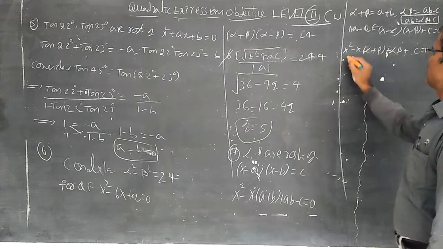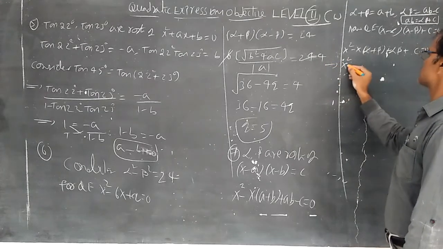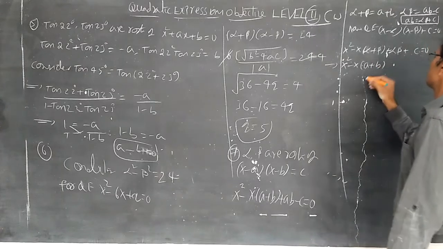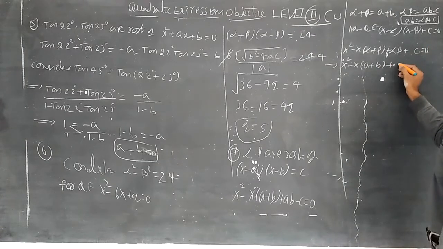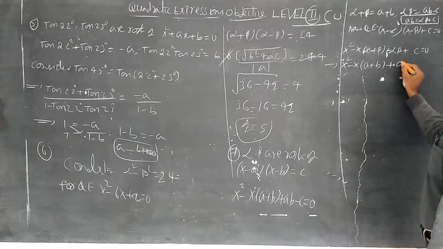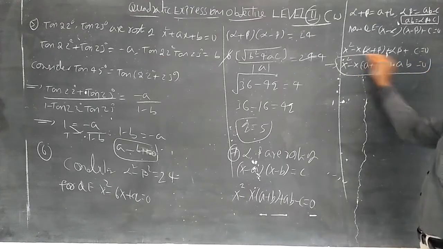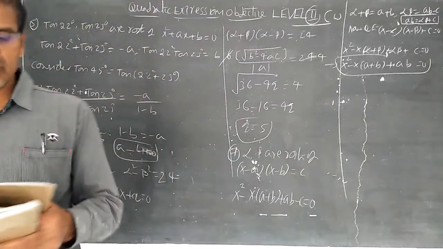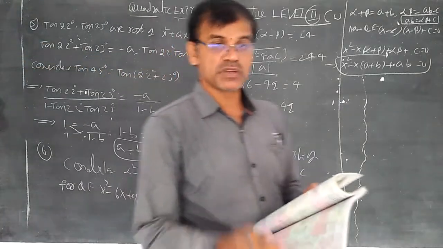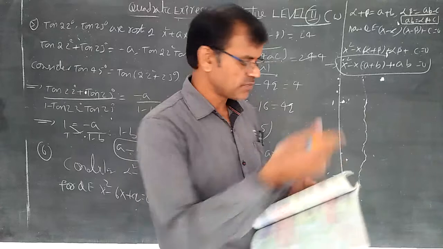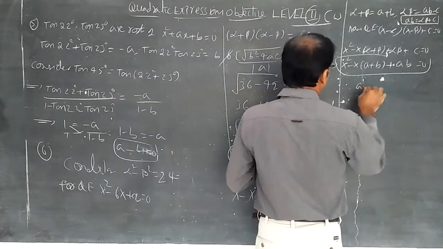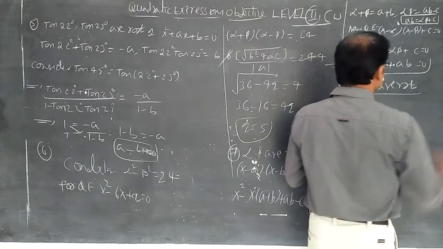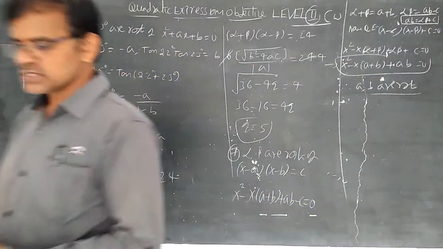Now x square minus x into a plus b plus, alpha beta plus c is ab. So whatever equation we got, a comma b are the roots, because x square minus x times the sum of roots plus the product of roots is the concept.